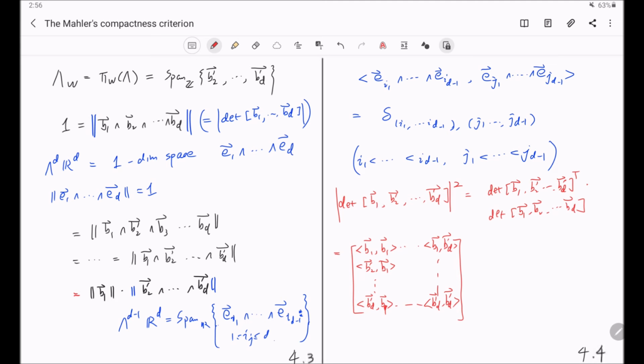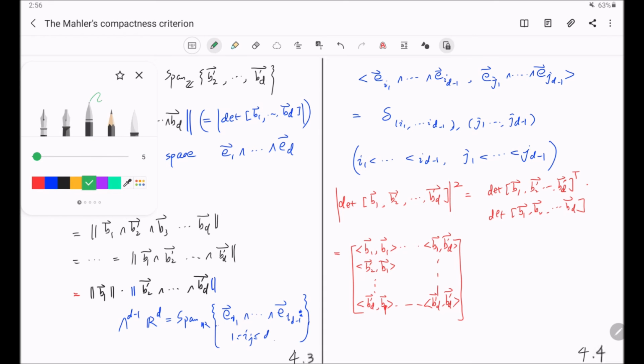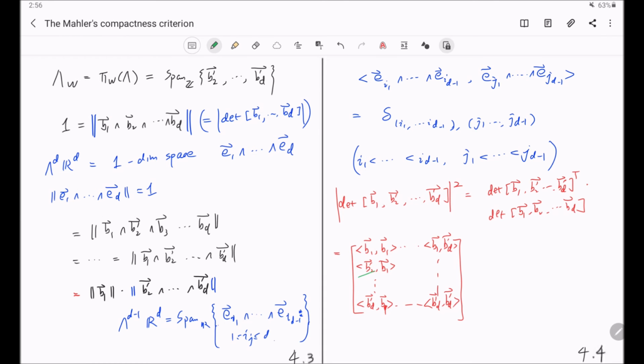And you know that those entries are all zeros. So you will get B1 with B1, and all 0 elsewhere in that row and column. You will also get 0 in here because the matrix is symmetric.